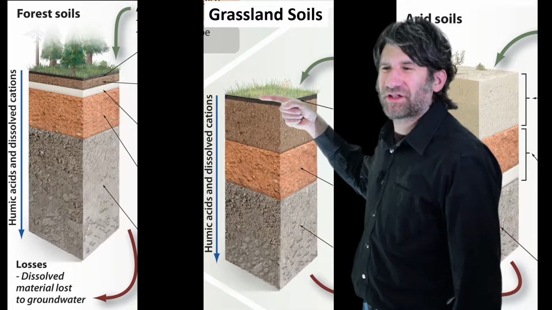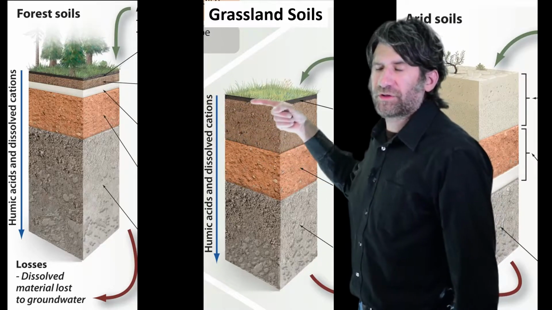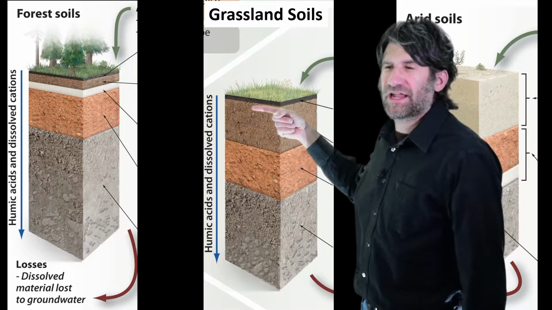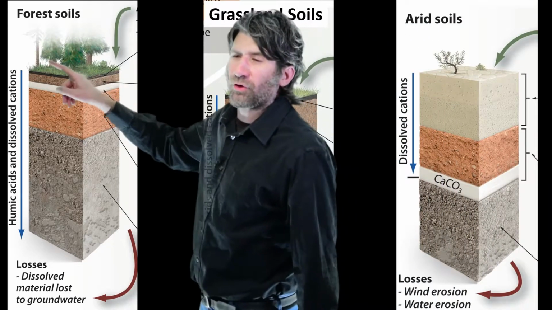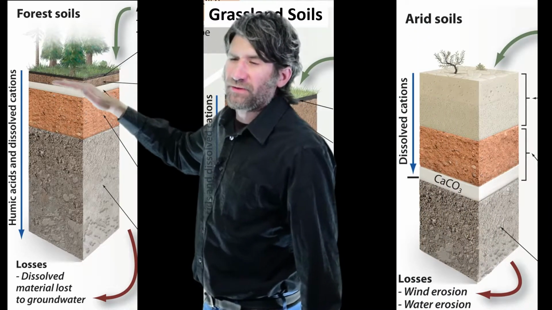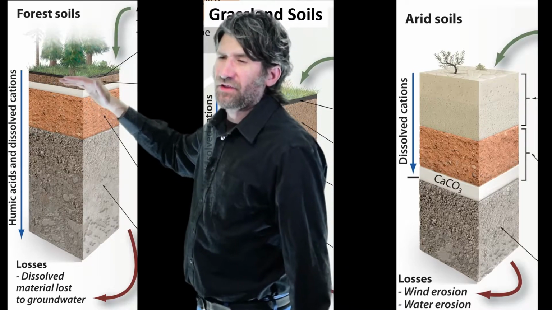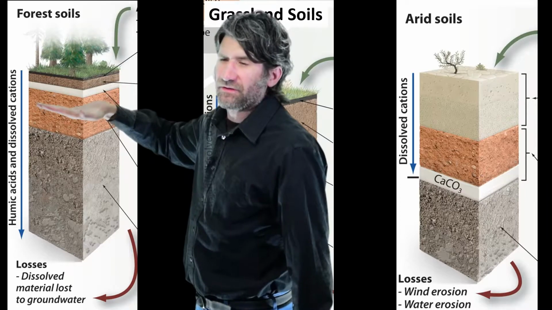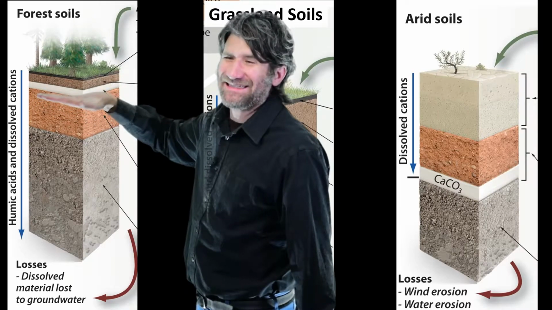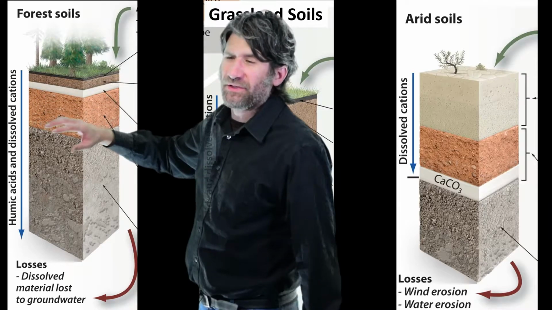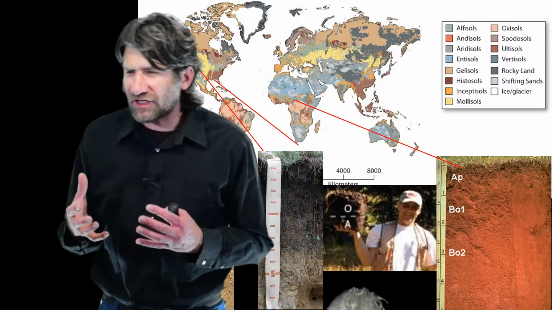In a grassland soil, it's a bit drier than a forest soil, so we accumulate organic material in the A horizon and we get a B horizon. That would be different than a more humid forest soil where we have relatively thin A horizons, but we have the development of those E horizons, which is where we get maximum weathering and eluviation, and then we have the B horizon below that. Okay, so that's kind of what we're building on.